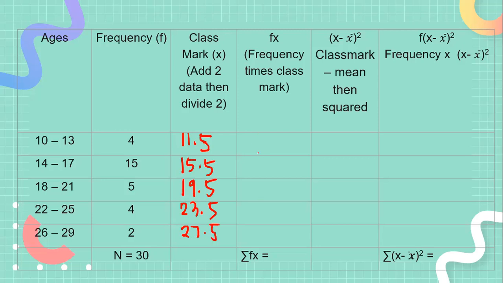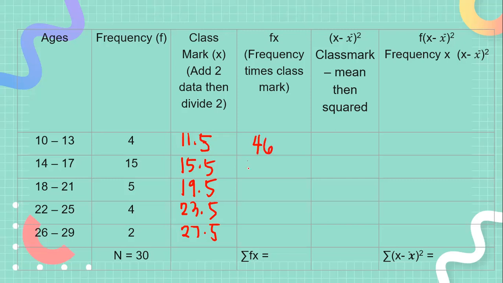For our fx, to get fx, frequency times the class mark. So 4 times 11.5. How much, class? 4 times 11.5. How much? Very good. It's 46.